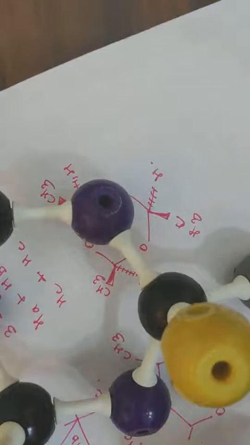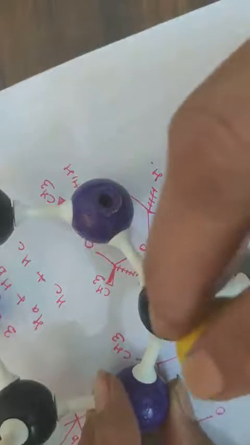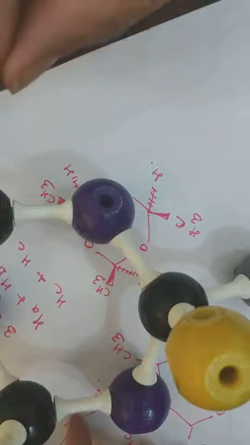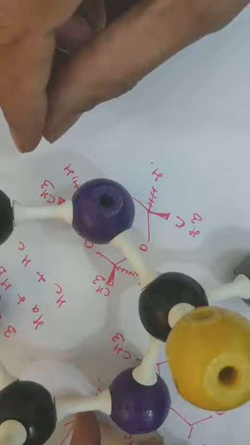This is the molecule. This is oxygen, this is oxygen, this is oxygen. All the methyl groups are present above the plane, and these are hydrogen atoms which are attached. Now we have to predict the relationship between these methyl groups and these hydrogen atoms.